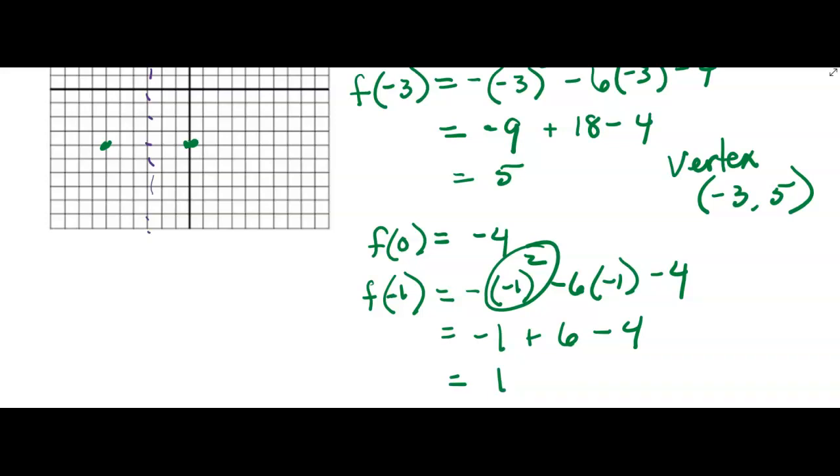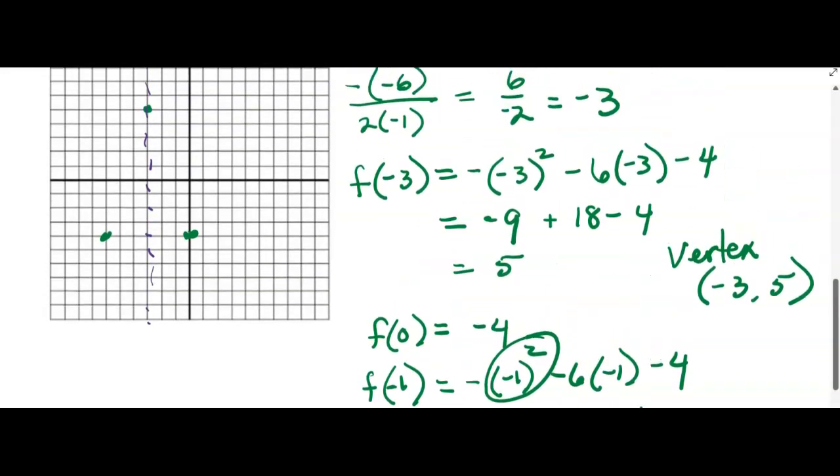That doesn't sound right. Did I do something wrong? I don't think it should be there. Oh, I know why. I should have picked negative 2. Negative 1 is fine, but I was thinking I was going to get the next one over, so I should have put negative 2 in.